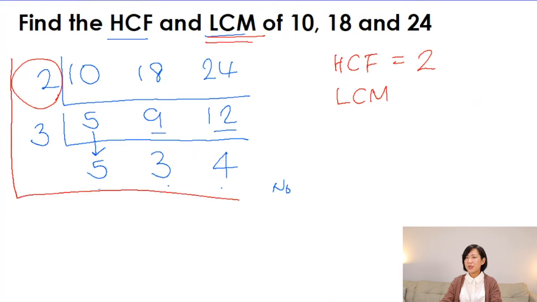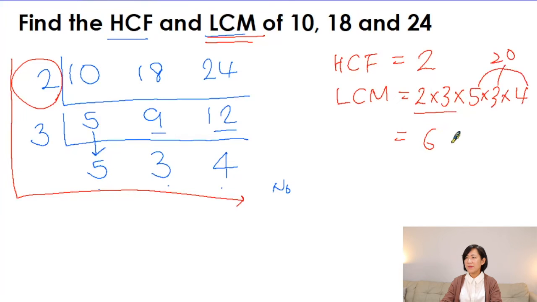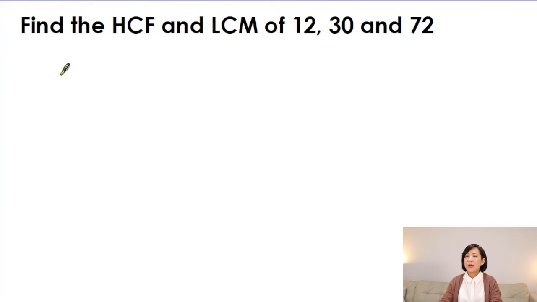Draw the big L shape and multiply all together: 2 times 3 times 5 times 3 times 4. 2 times 3 is 6, and 5 times 4 is 20, 20 times 3 is 60. So our lowest common multiple of 3 numbers is 360.